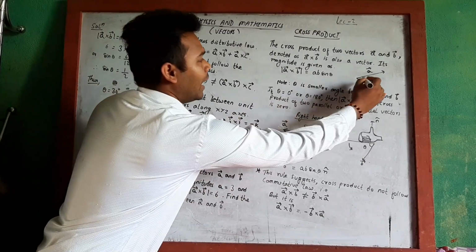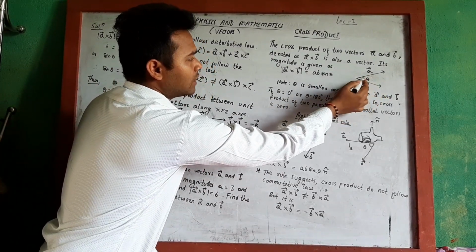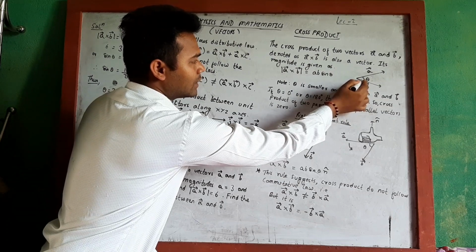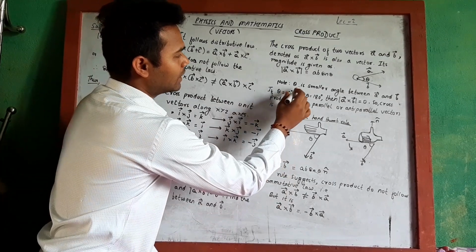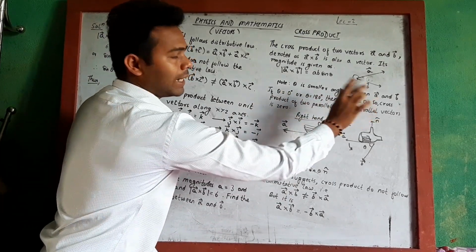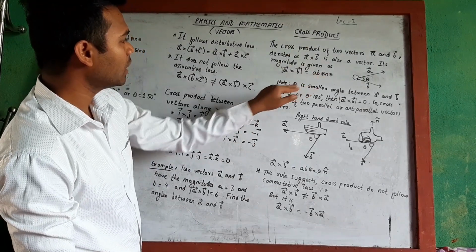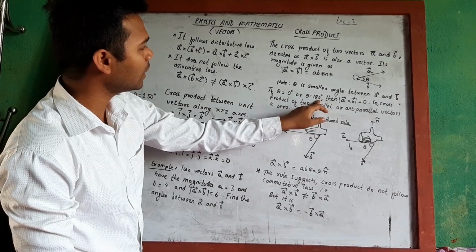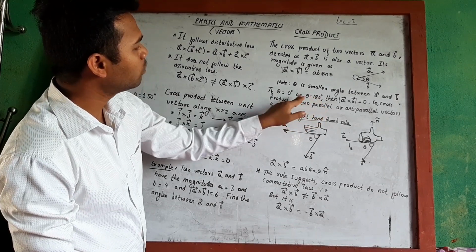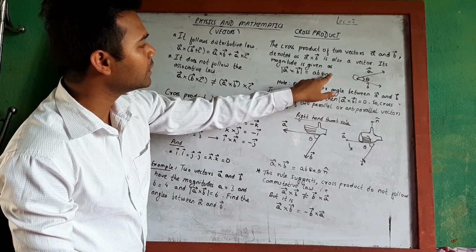Here we have to note that the angle between these two vectors is this theta angle, and the outside one is the reflex angle. But here theta is the smaller angle between a vector and b vector. Now if theta is equal to 0 degrees or 180 degrees, then sine theta will be 0.